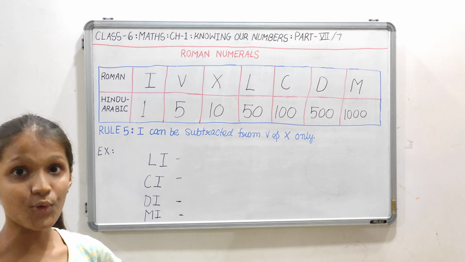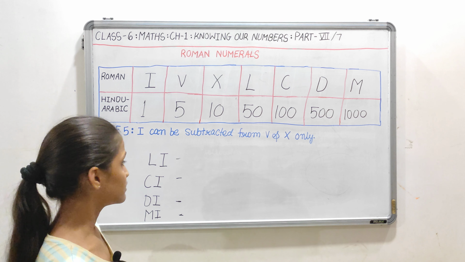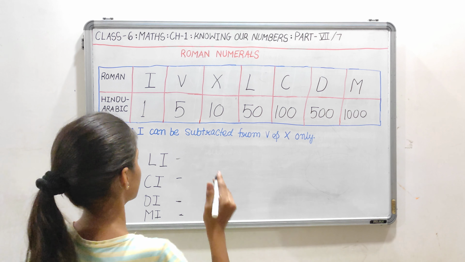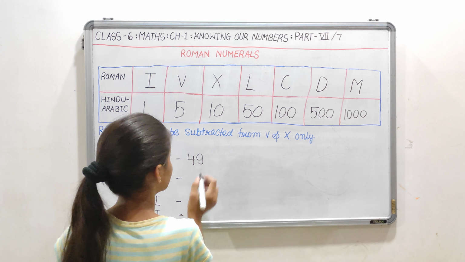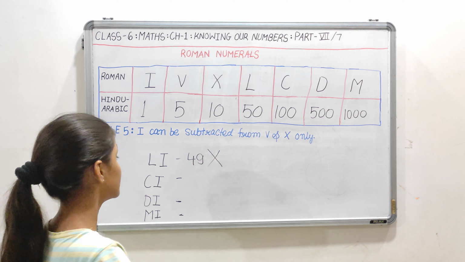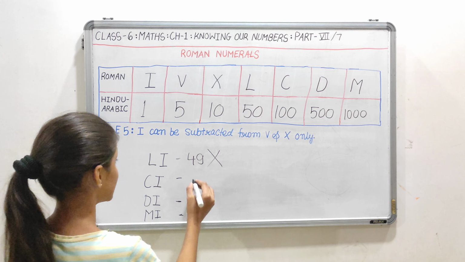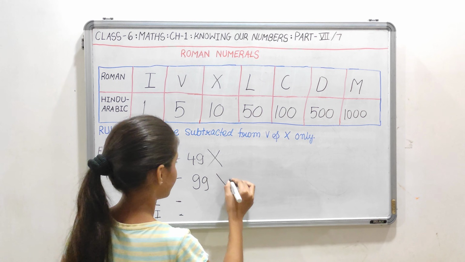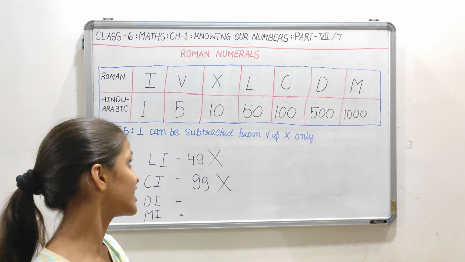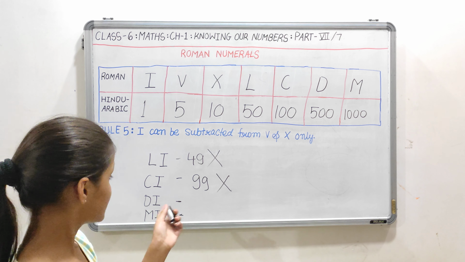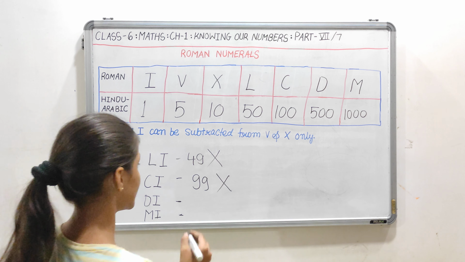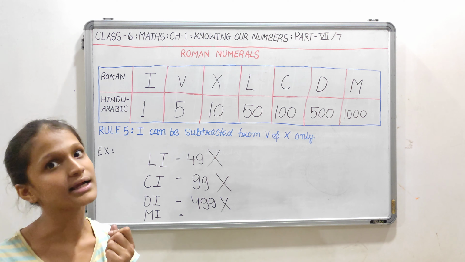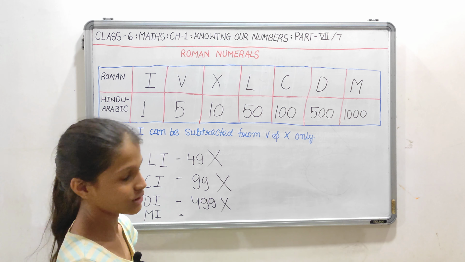Now if you think that here LI equals 49, then you are wrong. And if you think CI equals 99, then you are again wrong. If you think DI equals 499, you are again wrong.